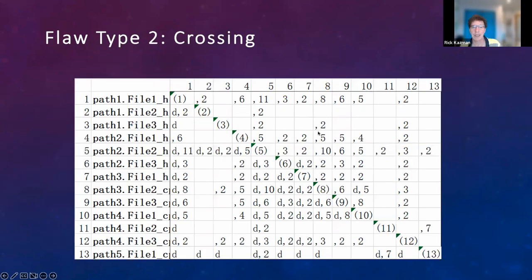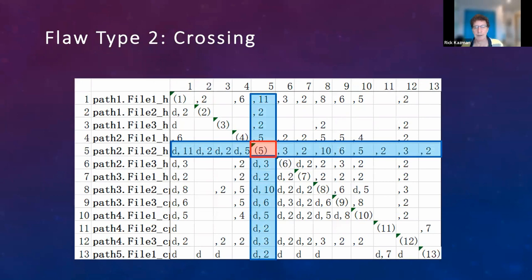Here's a second flaw type, which is called crossing. So in this case, we obscured the names of the files because this was a commercial project, but it doesn't matter. File number 5 in this DSM both depends on and is depended on by many other files.